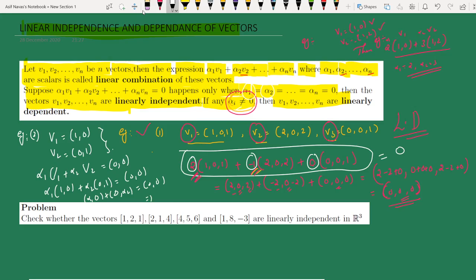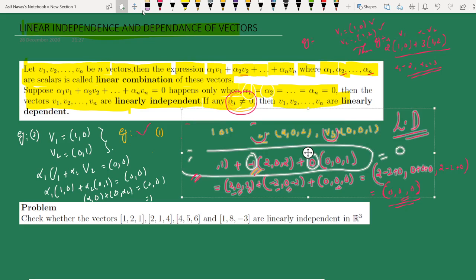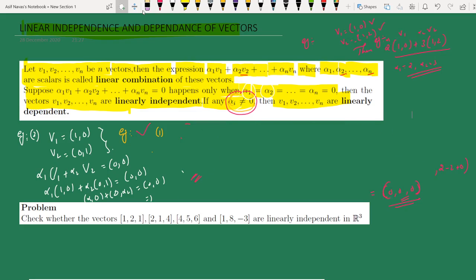Which implies, if you add these two vectors, alpha 1 alpha 2 is equal to 0 0.